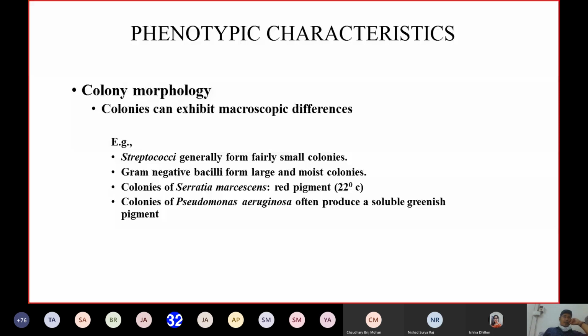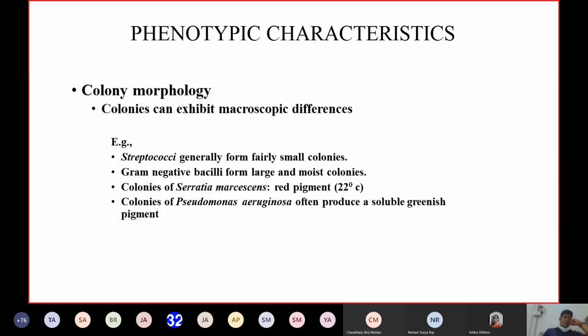A colony is derived from a single bacterium, and after keeping 24 hours or overnight, sometimes some bacteria grow very slowly. They may take 1 week. They will form the visible structure that we say colony, and that colony will contain millions of bacteria. That means one bacteria will multiply to form million bacteria, and that is visible on culture media as a colony.